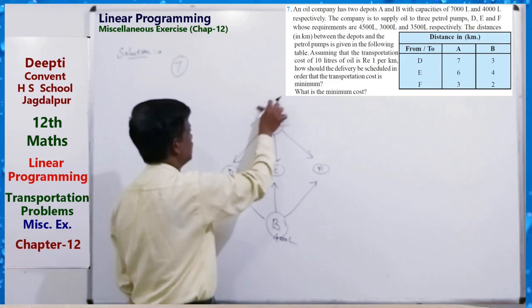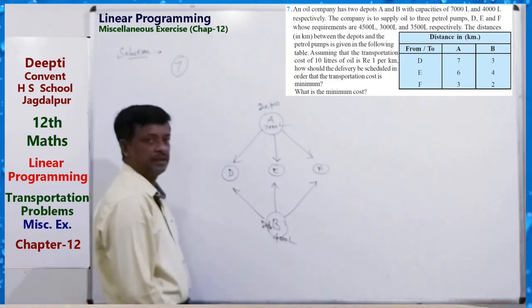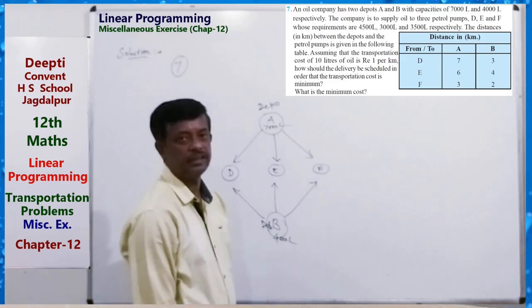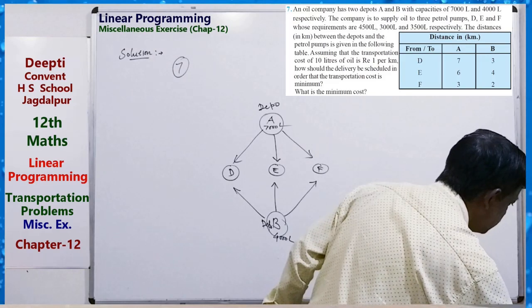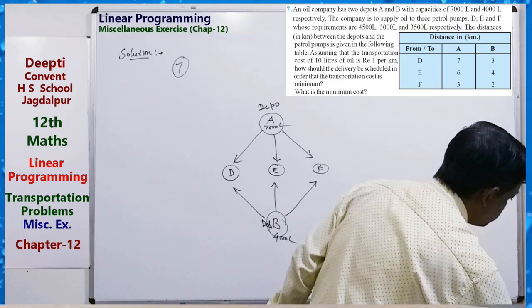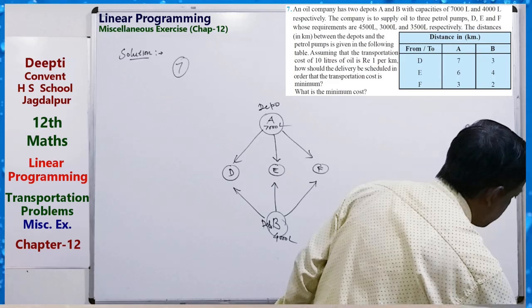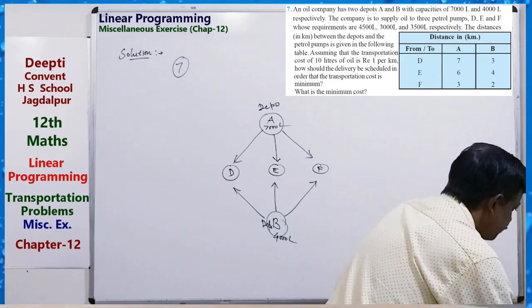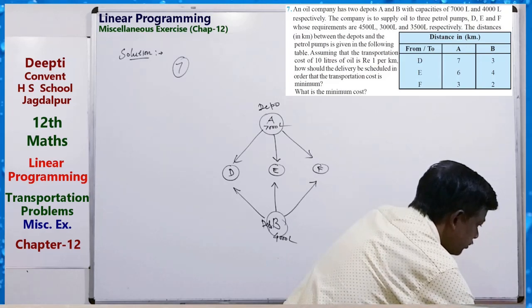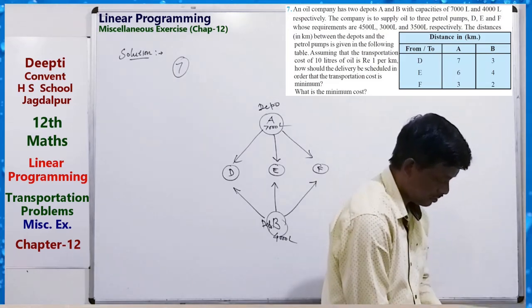Suppose the distance given from A to D, E, F is 7, 6, 3. The distance is given, so how many liters?